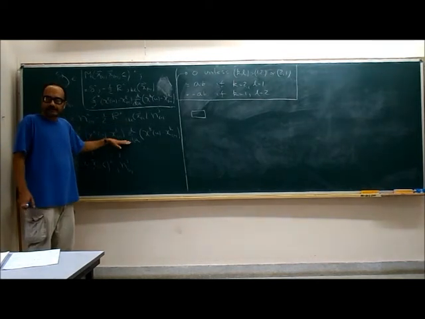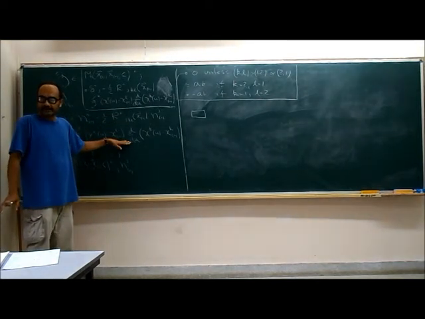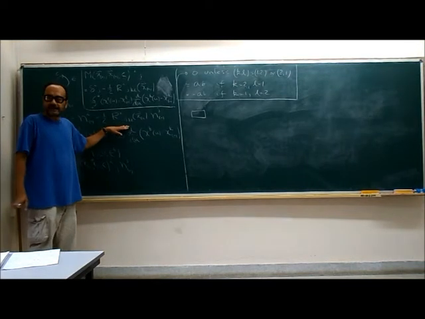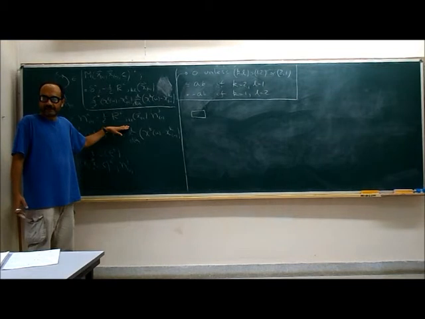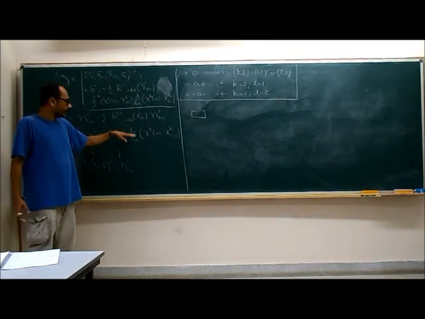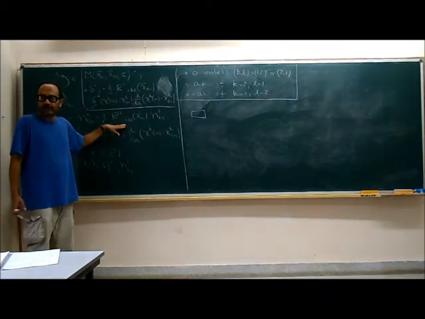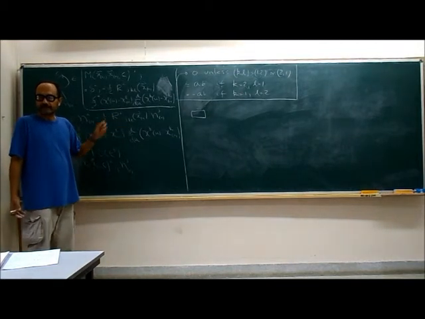What are the additional conditions? We will see. But at least Rijkl has to vanish, because order epsilon cube cannot cancel order epsilon square. You can take epsilon to be as small as you like. So unless Rijkl is 0, the monodromy cannot be identity.